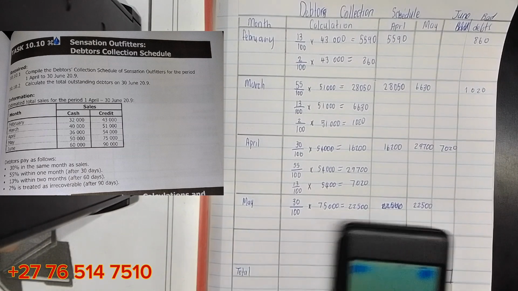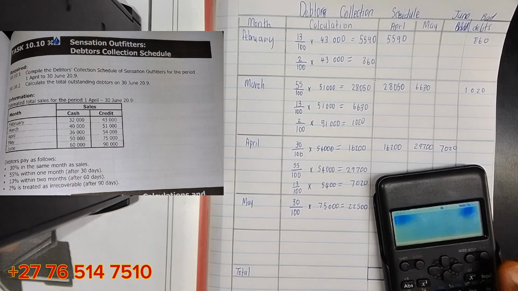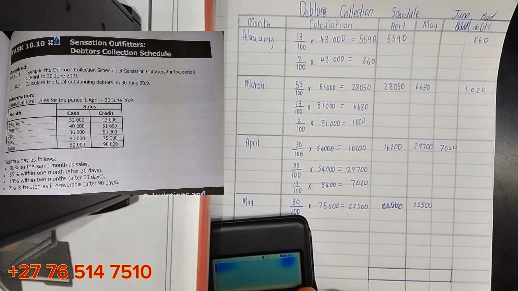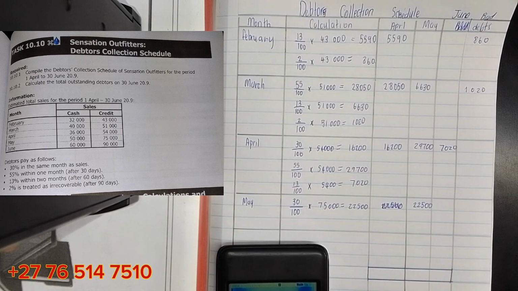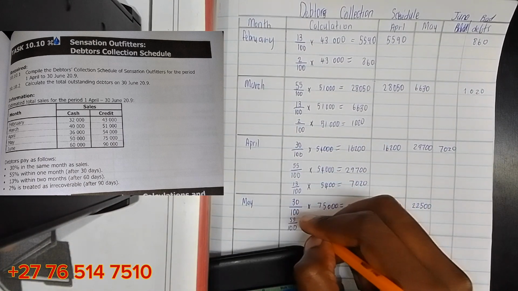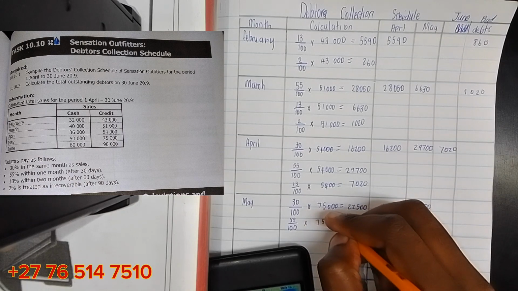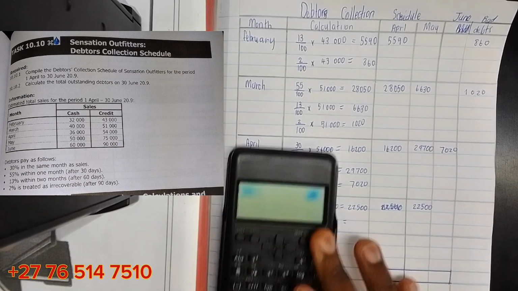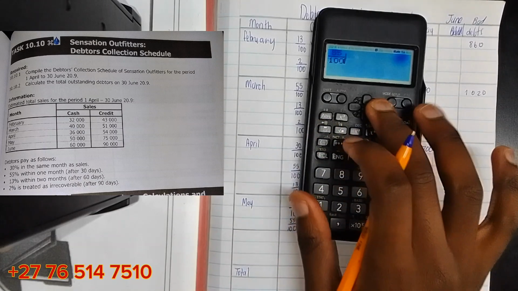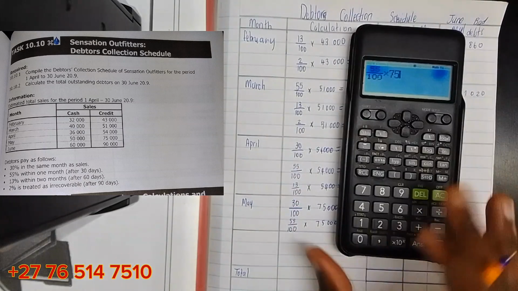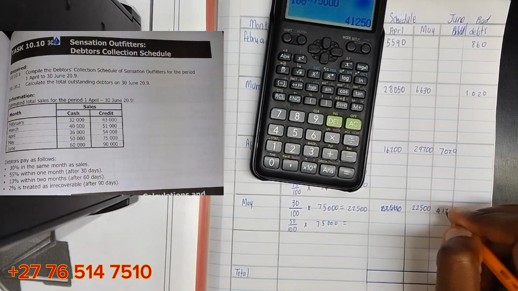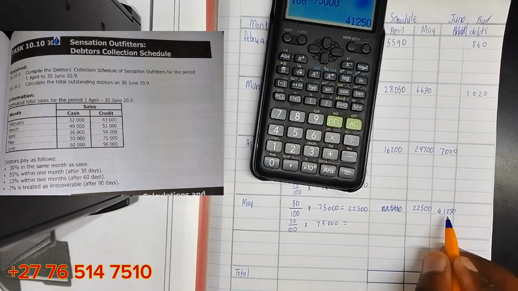So now we're calculating the 55% that will be collected in June. 55 over 100 times 75,000 is 41,250. This is the amount that will be collected in June.